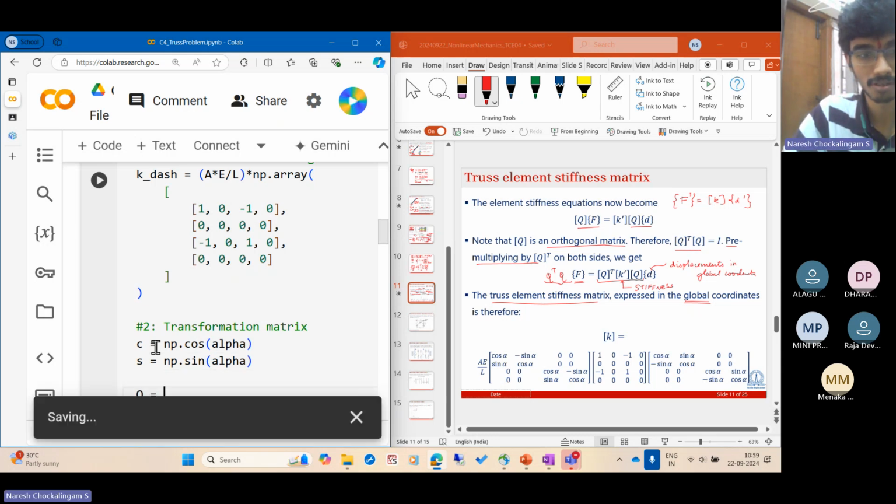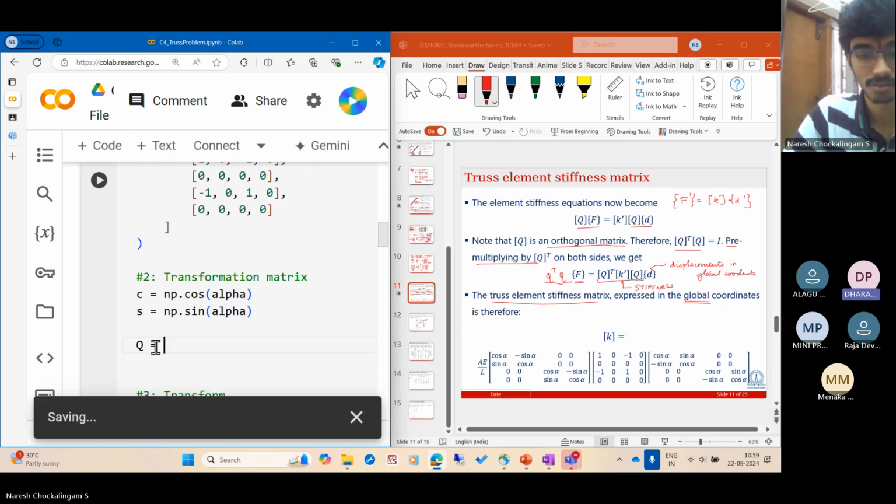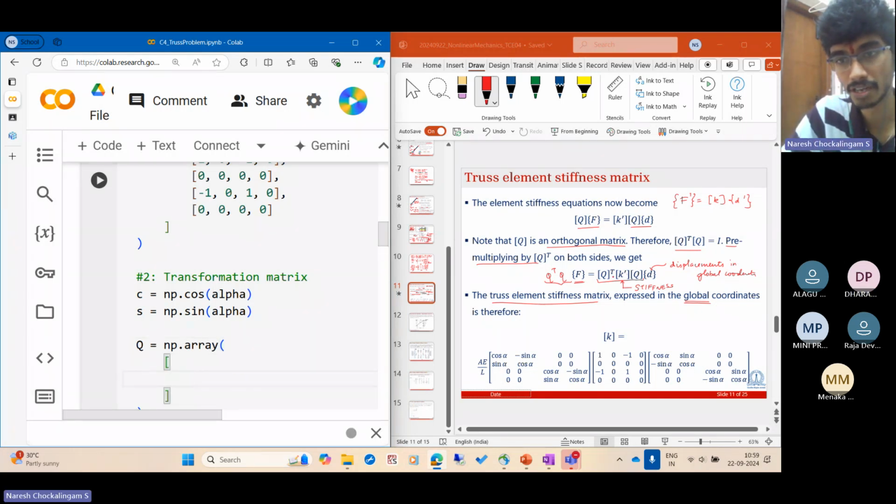Now what is Q? C, minus S, 0, 0. No, you should be careful. This is Q transpose. We are doing Q transpose K dash Q. So Q is this: C, S, 0, 0. Minus S, C, 0, 0.